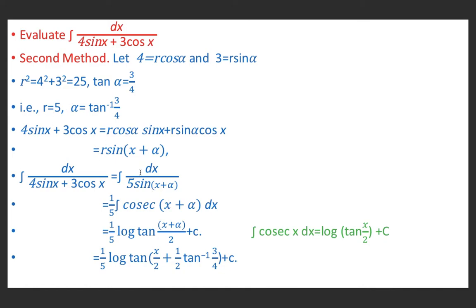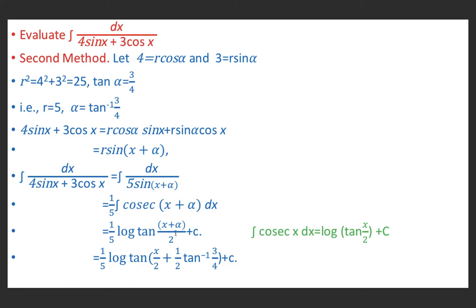And 1 upon sin(x plus alpha) is cosecant(x plus alpha). 5 I have taken out of the integral sign because we are integrating with respect to x, and this is a constant term. And integration of cosecant x dx is log tangent x by 2 plus c. So apply this formula.